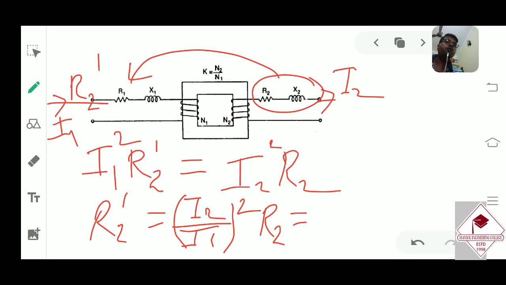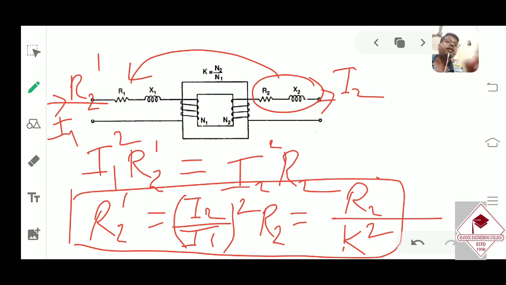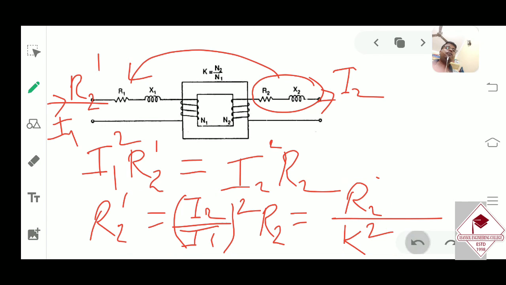I2 by I1 is 1 by K, so R2 dash is equal to R2 by K square. So to transfer any quantity from secondary to primary, we need to divide it by K square.